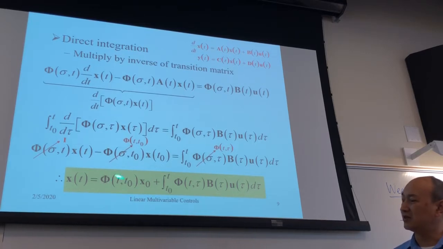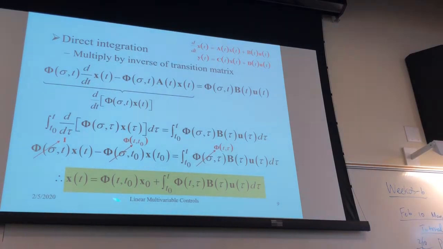And phi is called the state transition matrix. Okay, it's a matrix. So why can the final solution be written in this way? Don't take it for granted. You may think this is straightforward, but it's not.